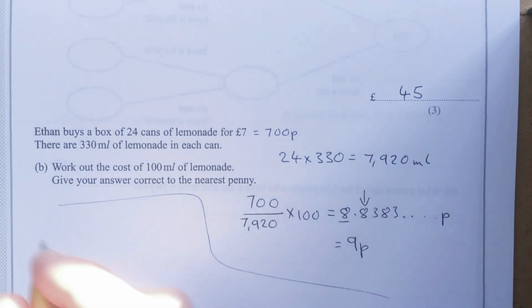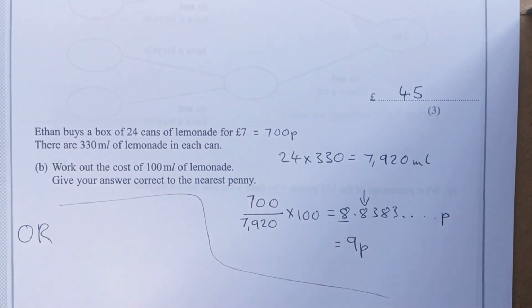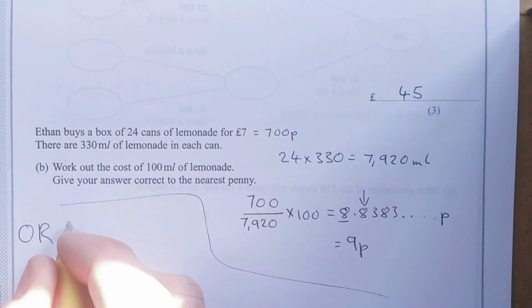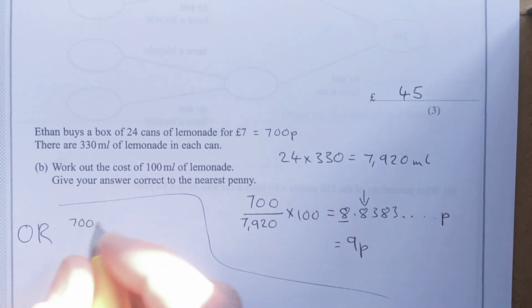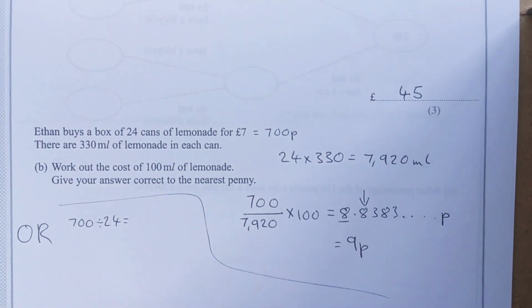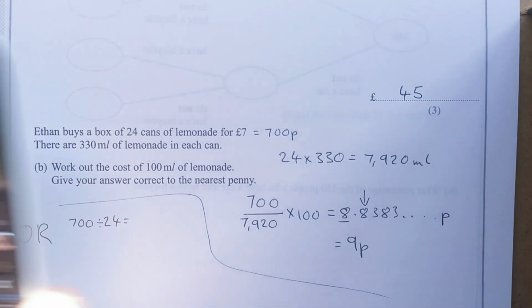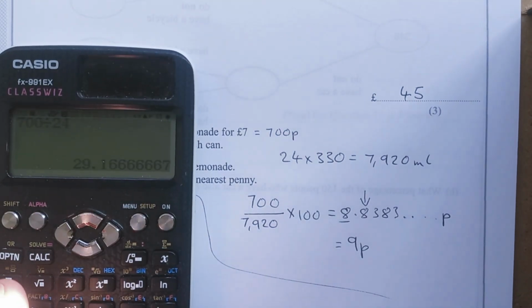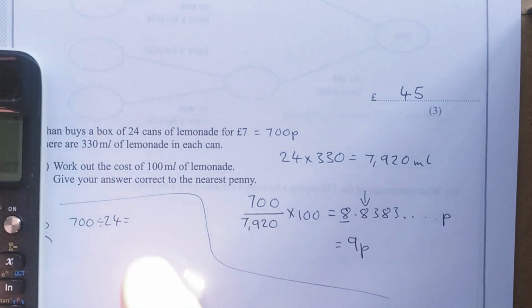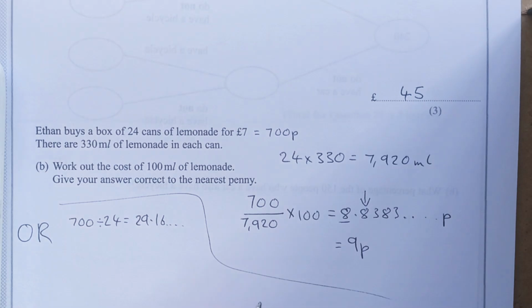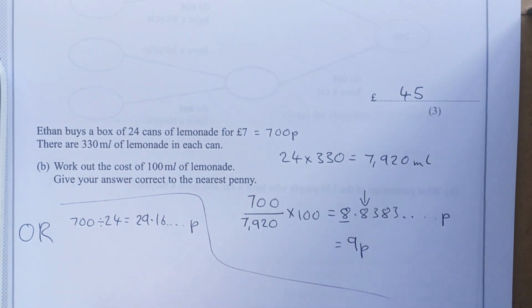If you want an alternative, which you might find more straightforward, you can take the money. So we can say it's £7. Again, think of it as 700p. Divide it by 24 to find out how much it is for 1 can. That gives you 29.16666, and that's pence.